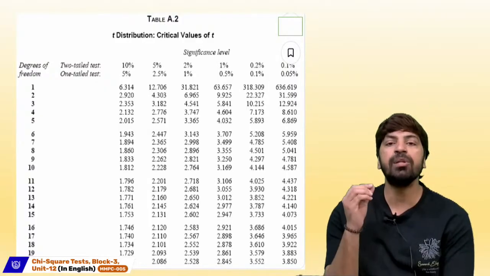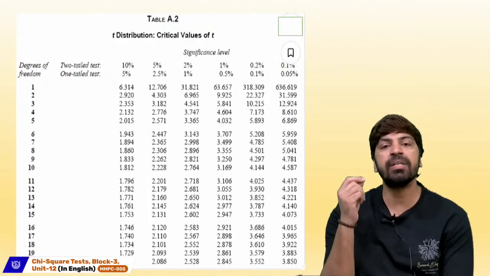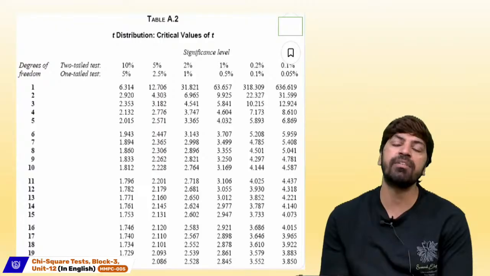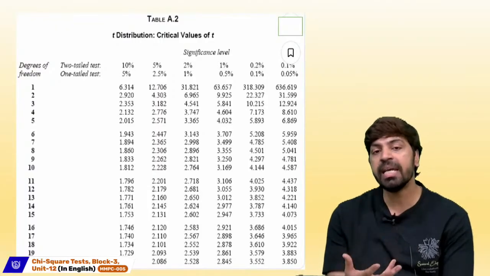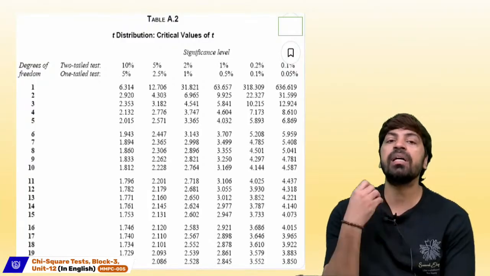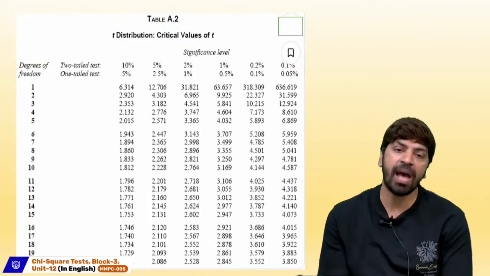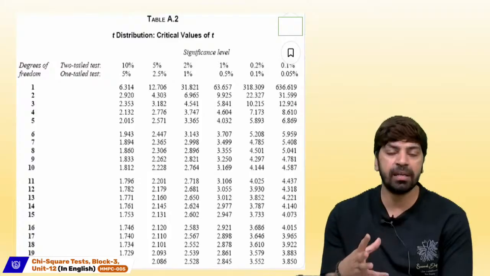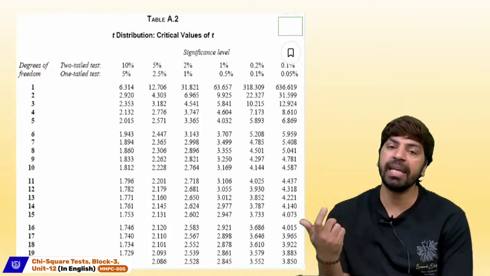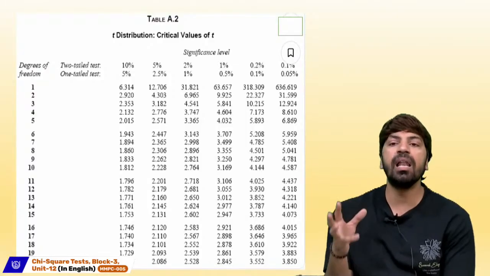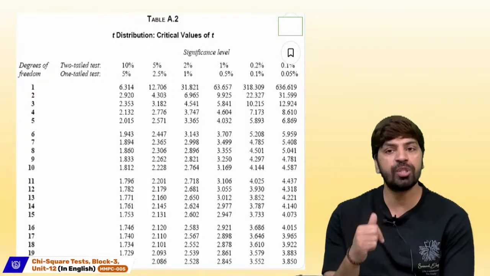That means there is no statistical difference between the means of the variables. The next rule is that if the t calculated value is more than the t table value or tabulated value, then the null hypothesis is rejected.